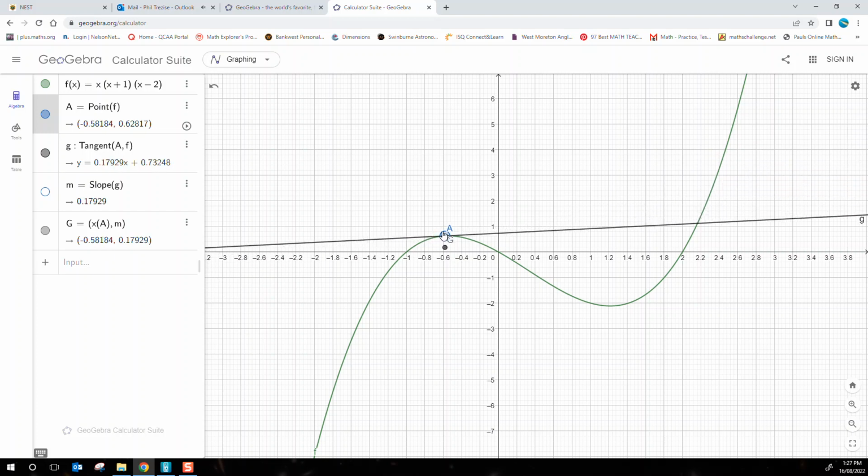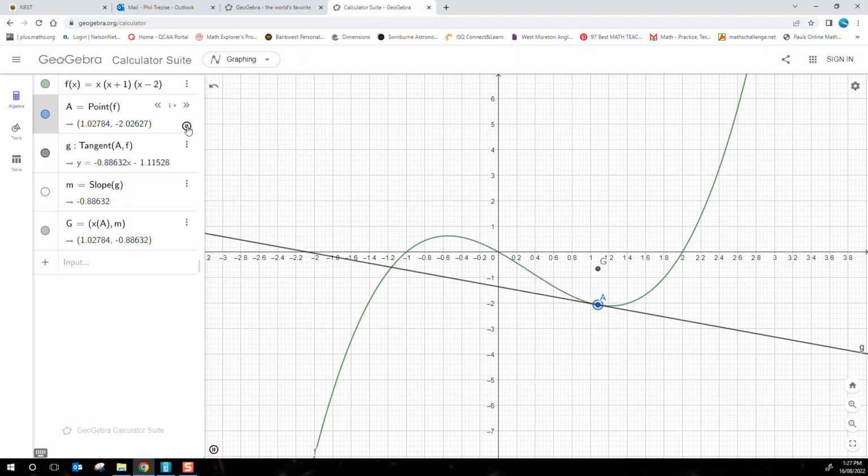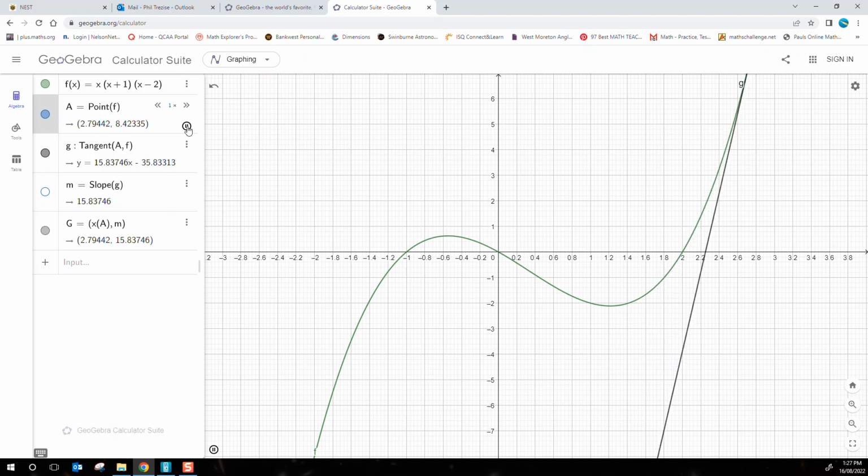At the turning point, right about there, the tangent is horizontal with a gradient of 0, and point G has a y coordinate of almost 0.